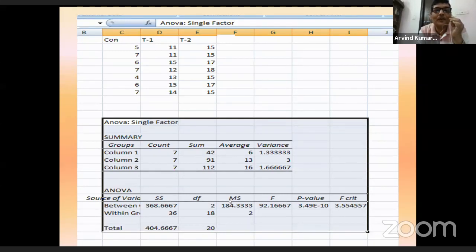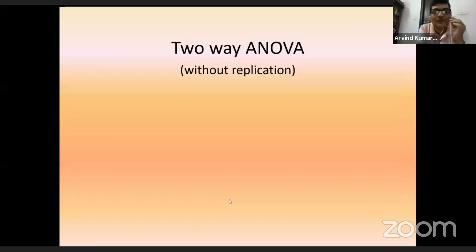Now I'm going to the two-way ANOVA, because up till now I was explaining one-way ANOVA. We are going to learn two-way ANOVA. This two-way ANOVA could be of 2 types: one without replication and the other with replication. Let us see what this means.